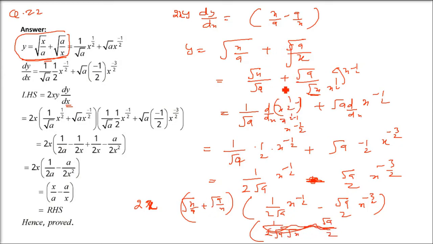So just write it, the first one, root x by a plus root a by x, as we have seen in the first part. That is 2x, you write it as x to the power half, of course root a, and then we have plus root a by x to the power minus half. Now it will be simpler because we can directly multiply and add the raised power.